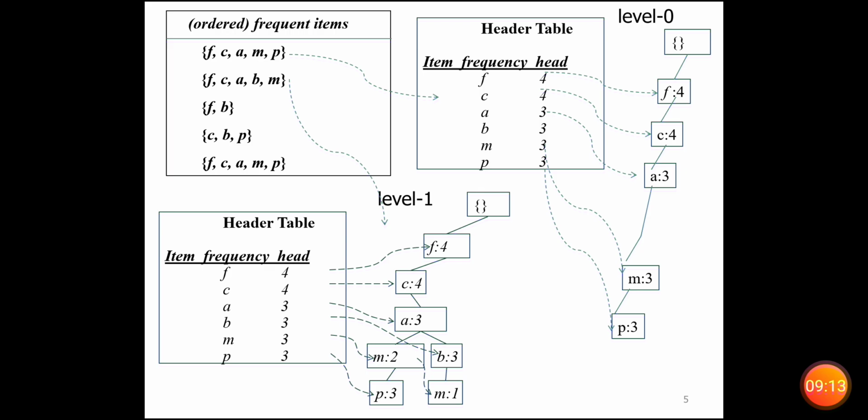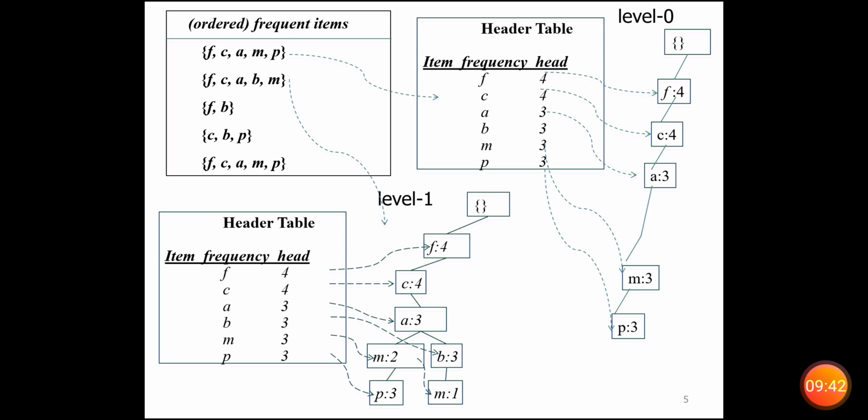And the second table, the header table. The header table is nothing but what we already have taken from the previous process. It is a support count. Now we can see level 0. In level 0, first we take a root node. The first node is a root node. For the second node, we see how many possible frequent items are available.